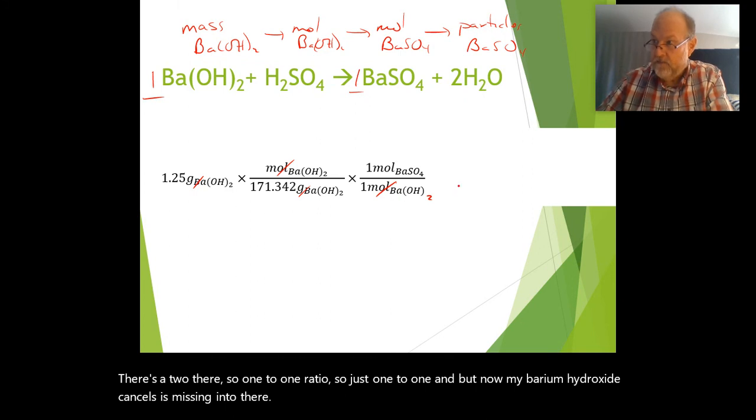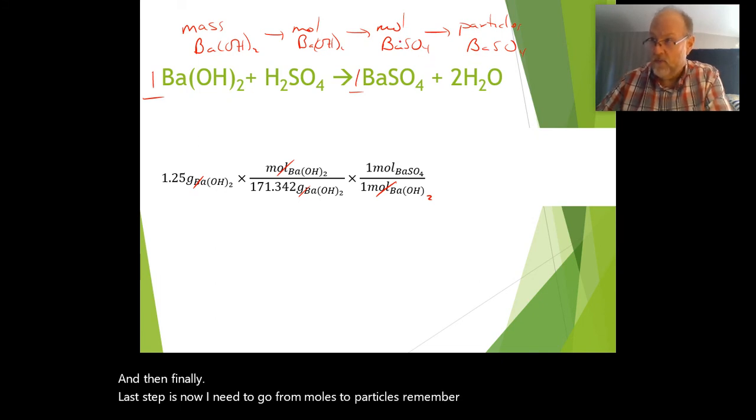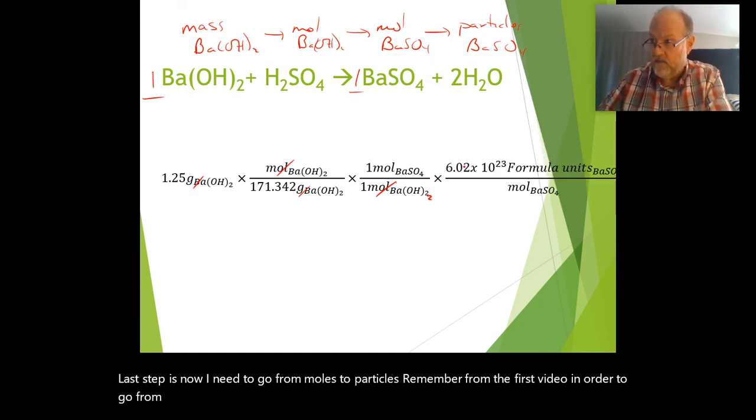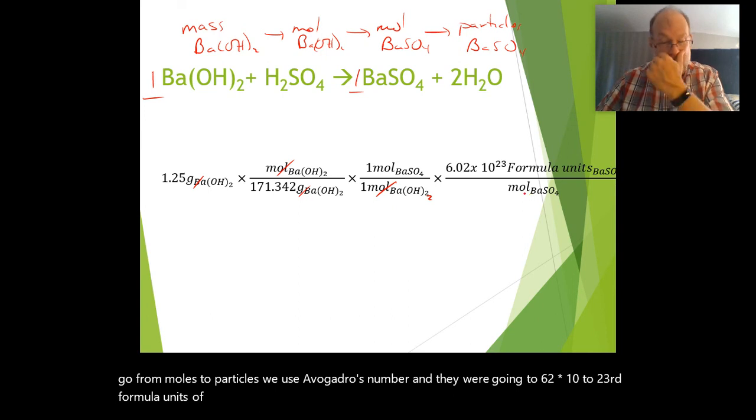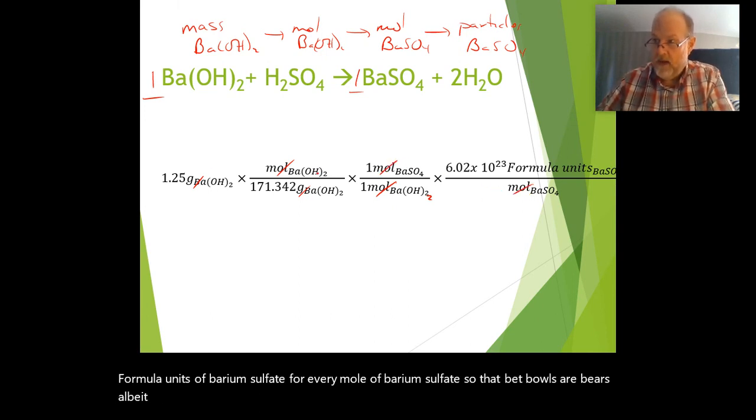And then finally, last step is now I need to go from moles to particles. Remember from the first video, in order to go from moles to particles, we use Avogadro's number. And there we're going to use 6.02 times 10 to the 23rd formula units of barium sulfate for every mole of barium sulfate, so that moles of barium sulfate will cancel. We do the math.